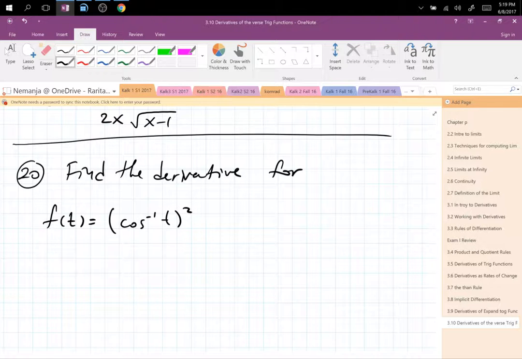Nice. You start with the chain rule because the entire problem is like x squared. So you start with the chain rule, and then when you have to take the derivative of the inside is when the inverse cosine kicks in. Wait, what is this?